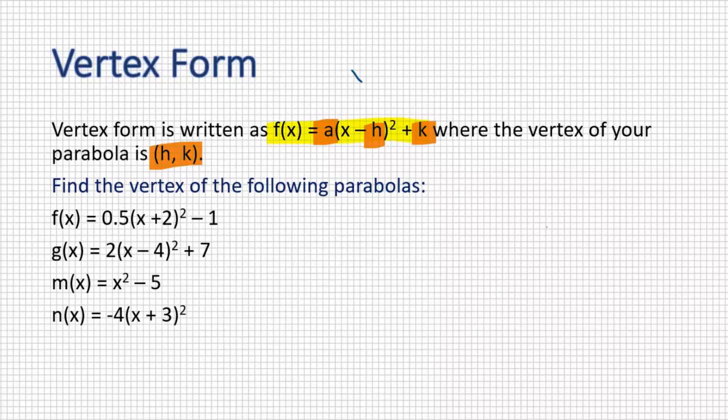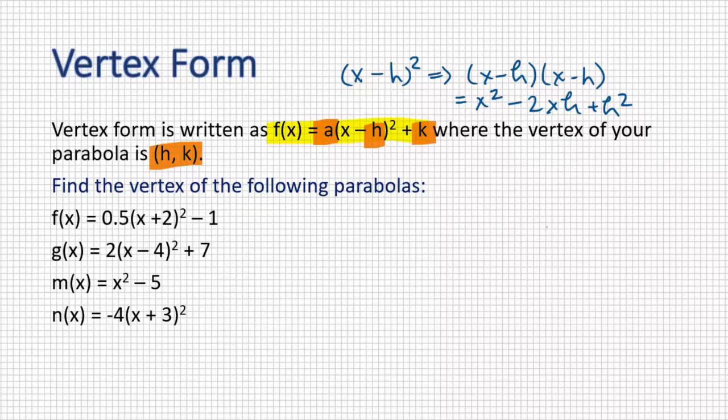It's a little bit less obvious here since the x is tucked into the brackets, but if we expand, we get (x minus h) times (x minus h), and multiplying the binomials together gives us x squared minus 2xh plus h squared. So that's where we find the power of 2 when our function is written in vertex form.